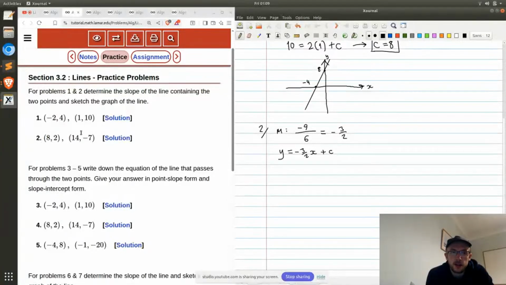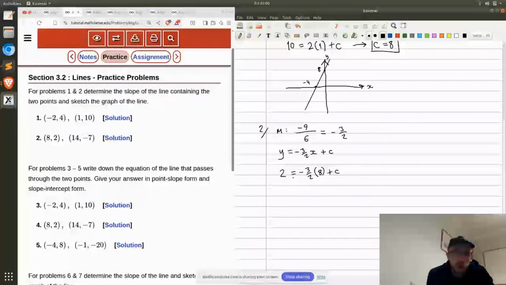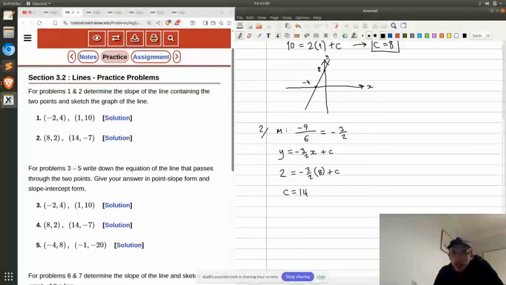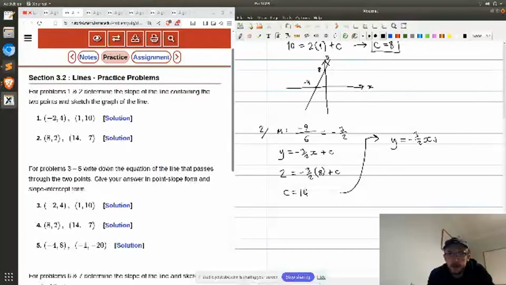So I'm going to go with 8 and 2, put a 2 there, an 8 there, and then work out c correspondingly. -3 over 2 multiplied by 8 is -12, so 14. You will have this as the equation of your line: -3 over 2 x plus 14.